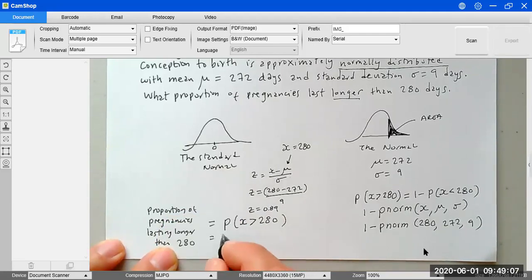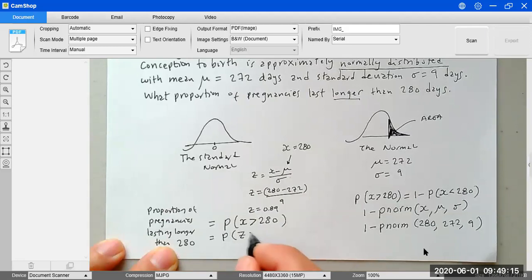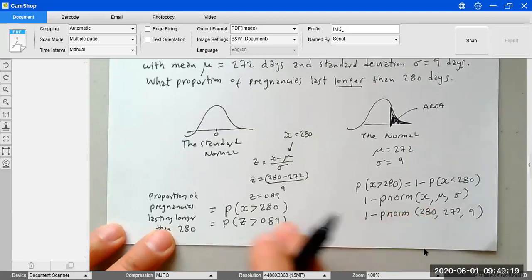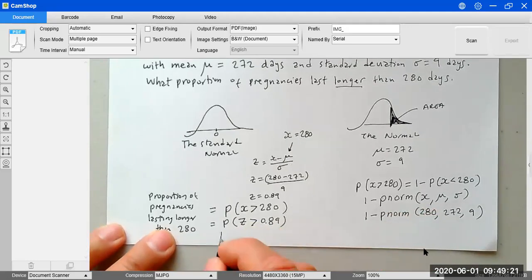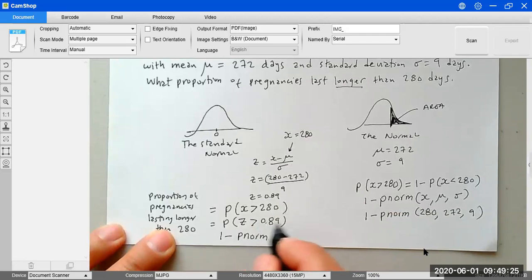When you are using the standard normal distribution, you need to write this in terms of Z. So the probability of X being greater than 280 is also the same as the probability of Z greater than 0.89. Again, you need to use 1 minus pnorm, because this is the area to the right, and you only need to use the Z-score, in this case 0.89.